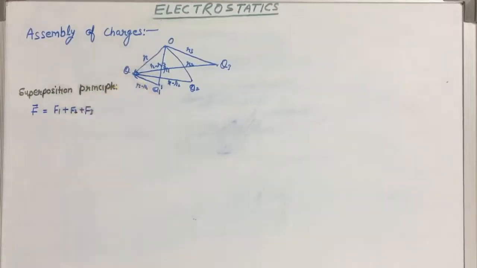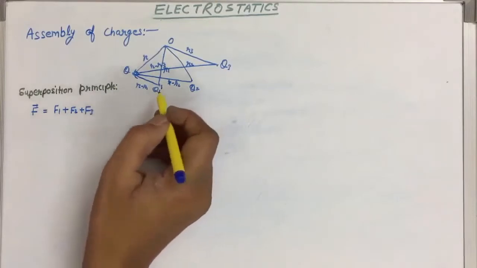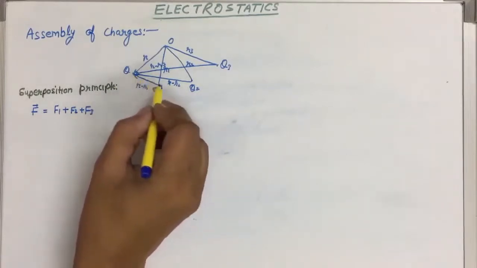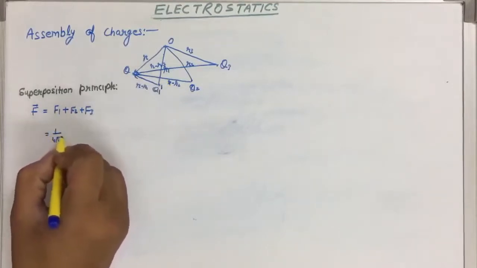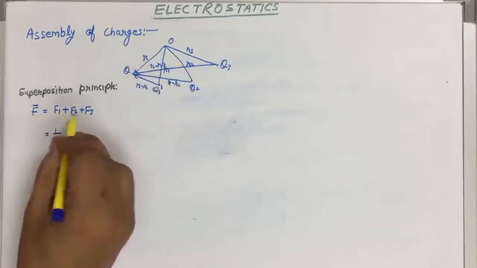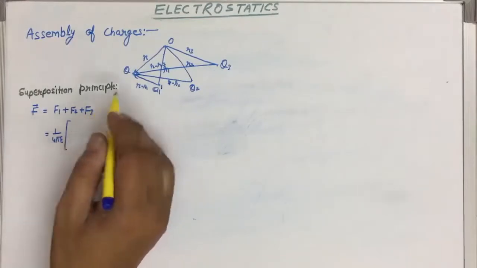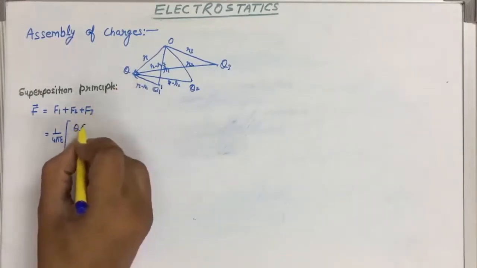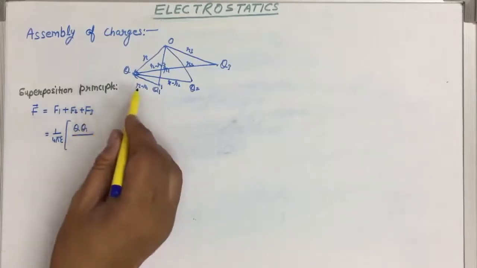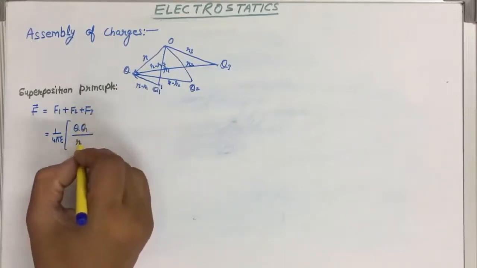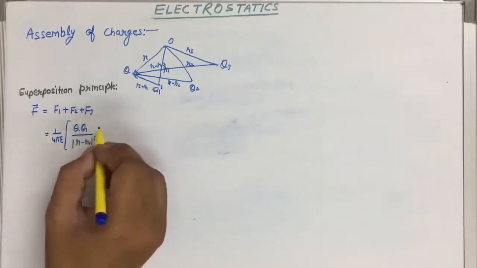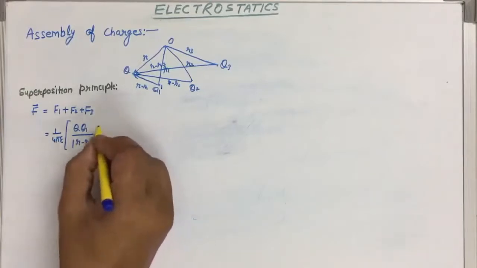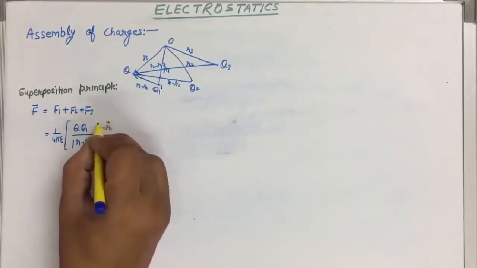Okay, so F1 can be written as, means force on this due to this one can be written as, take 1 by 4 pi epsilon common from all of these, so it can be Q1 divided by R minus R1 cube, and at the top it should be R minus R1.